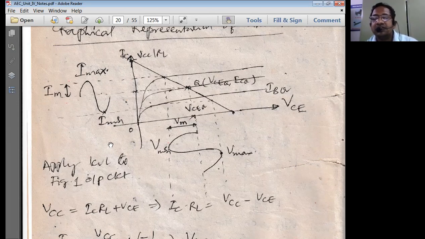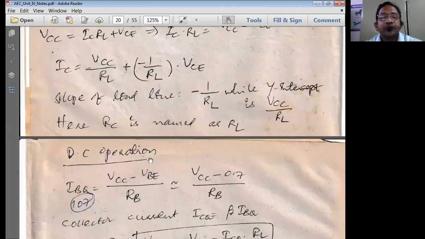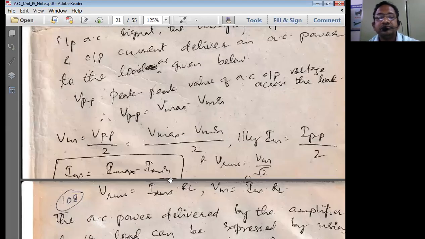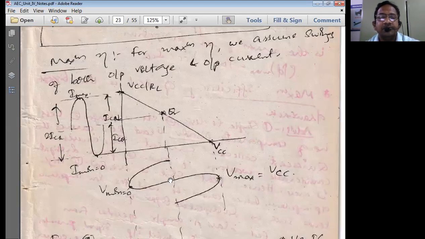That means the saturation current works like a threshold value. Above the threshold value, nothing is going to come. Therefore, the signal is going to get clipped off. That is the problem here. So you should be careful while operating the transistor. It should not go beyond the saturation values. That is the important point here.